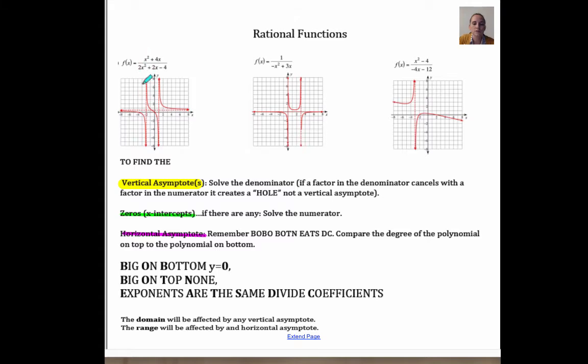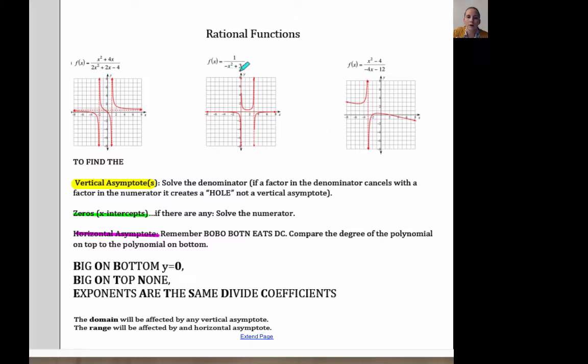Divide those coefficients. This one is big on bottom, so up here I have a degree of 0 because there is no variable, which means there's no exponent. So the degree is 0, that's a constant up there. And then down here I have a degree of 2. So 0 and 2, if you compare those, it's bigger on bottom than it is on top.